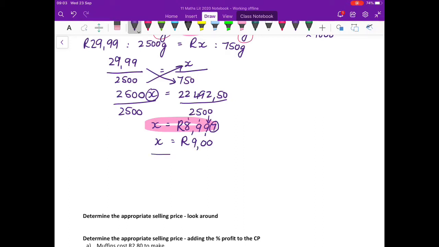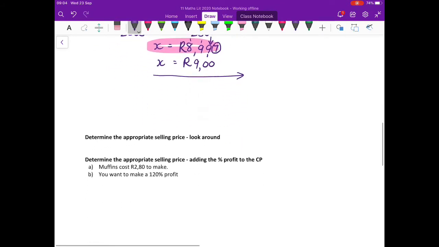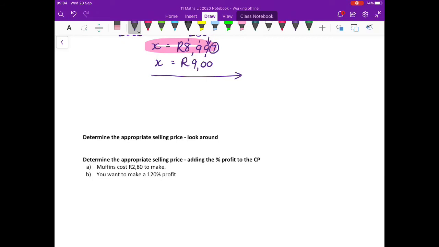So in order to make this item, it is going to cost me 9 rand just for the flour. And what you are going to do is cost each item that you need and add it up in the end to see what that would cost.